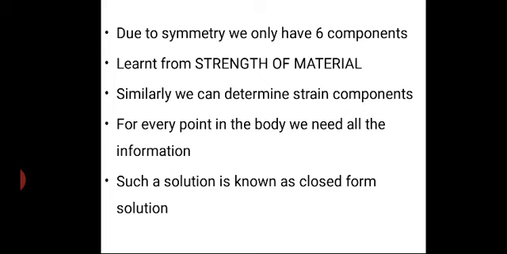Because of the symmetry, we only have 6 components. All these things we have learned from our basic subject called strength of materials. Similarly, we can determine the 6 strain components in a body.